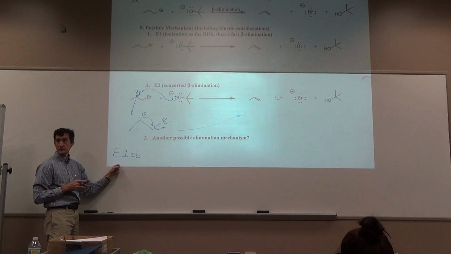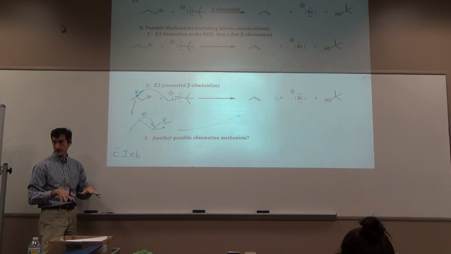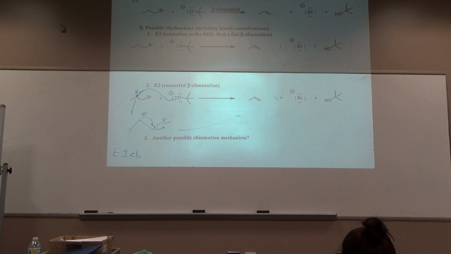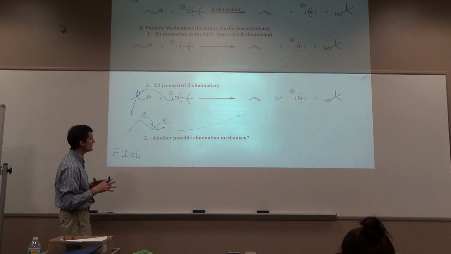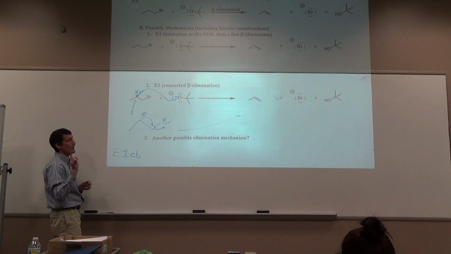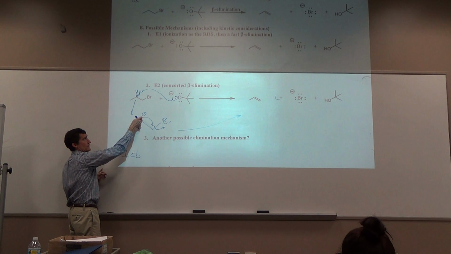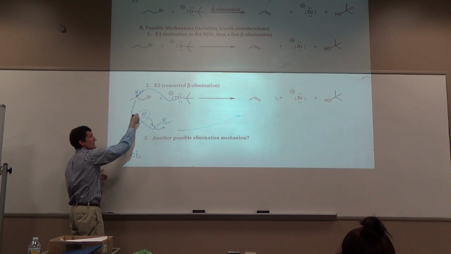This is the last you'll see of E1CB in this class, this semester. E1CB is, I think, probably covered in advanced organic. It's a third, very unique mechanism. Important to know right now is that neither of the E1 or E2 involves a carbanion. That right there is very difficult to form.